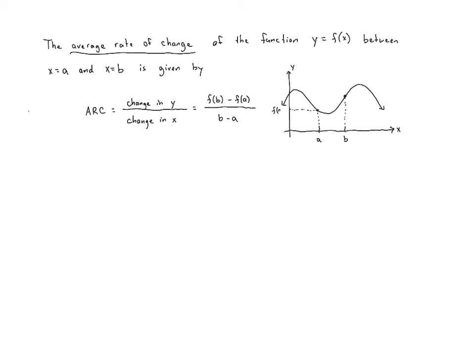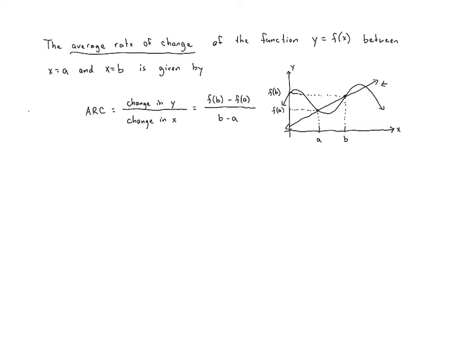Then this is going to be f of a, and then here we've got f of b. And so this quantity, the average rate of change, f of b minus f of a over b minus a, ends up being the rise over the run of the line that goes through these 2 points.